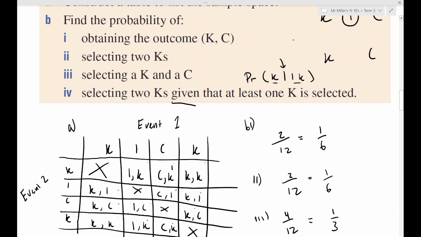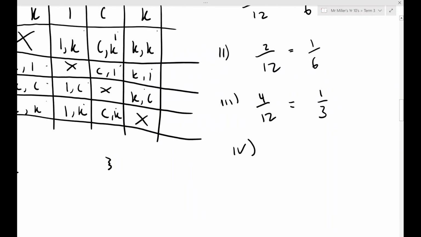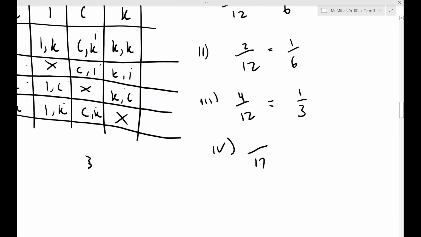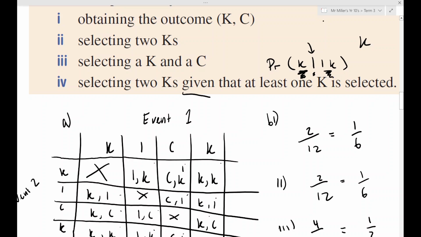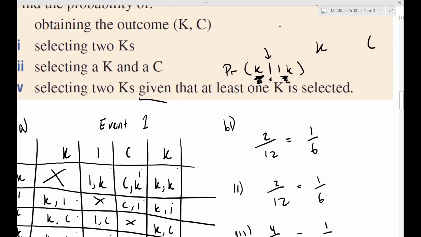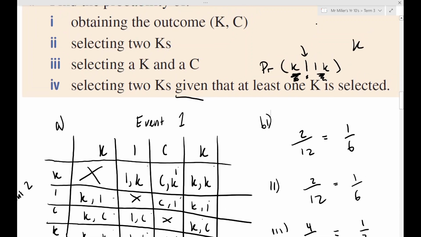So the probability of some event given some other event. All this means is that when we talk about the probability, it's no longer going to be out of all 12 outcomes in the sample space. It's going to be out of the events where we select at least 1 K. So what's the probability of selecting 2 Ks given that at least 1 K is selected?